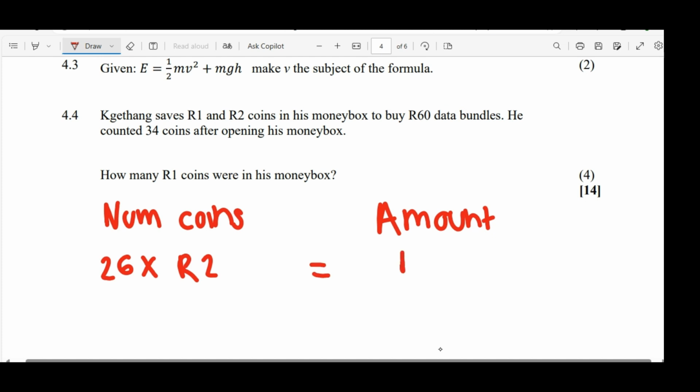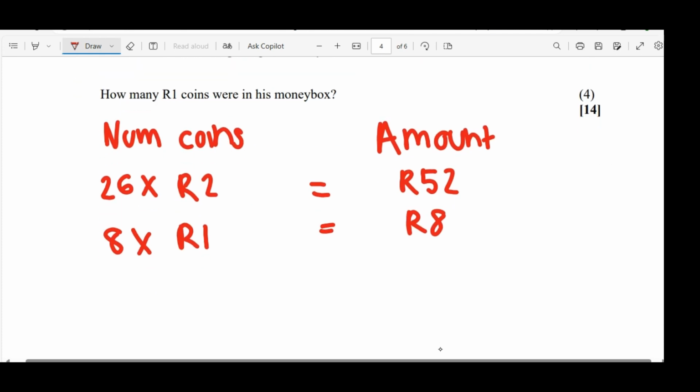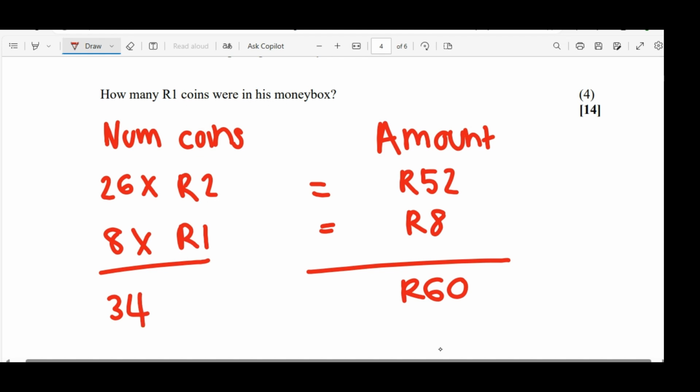That would give me 52 Rand. And then if I had 8 1 Rand coins, that would give me 8 Rand. And so we get the correct amount here, which is 60 Rand. And we get the correct amount of coins. We have 34 coins. And so this is how I broke it down.